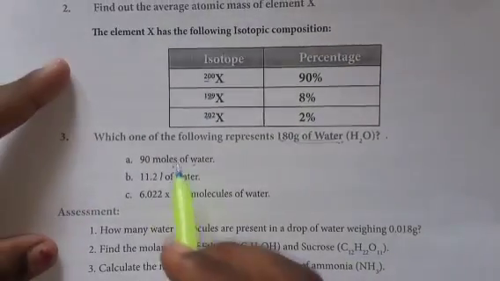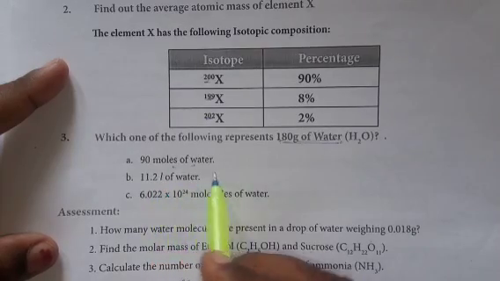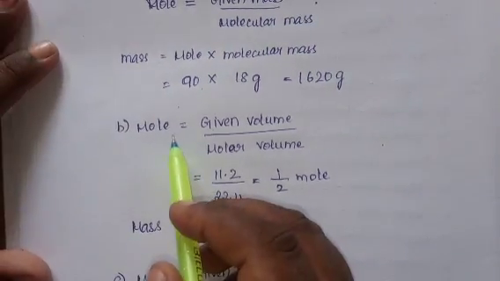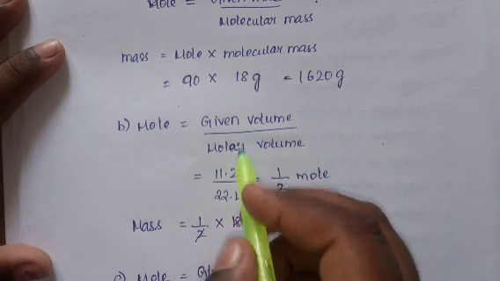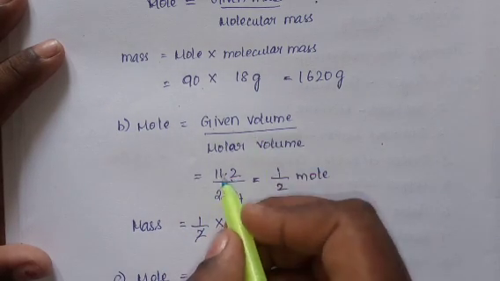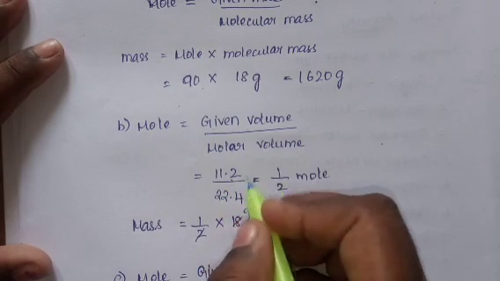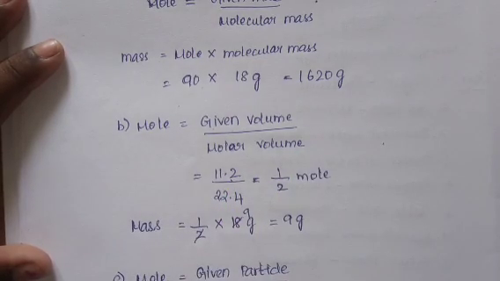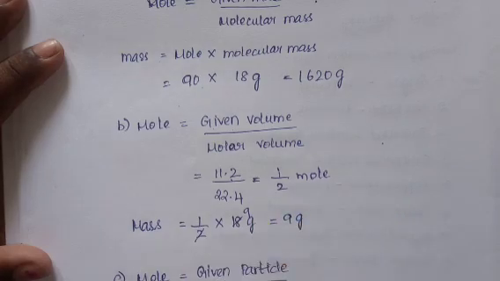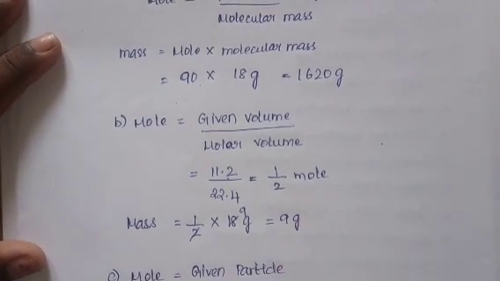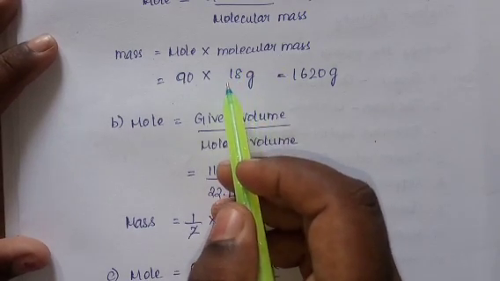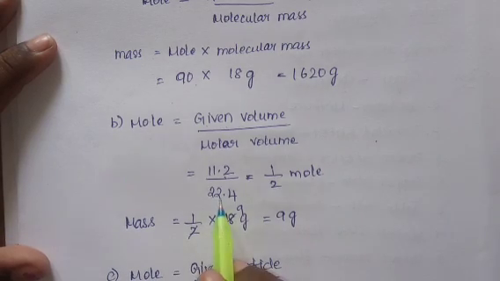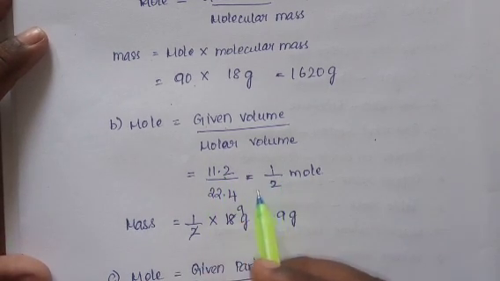Second option, 11.2 liter of water. B: mole is equal to given volume by molar volume. The given volume is 11.2, so 11.2 by the molar volume 22.4. In volume, the molar volume is 22.4, and the molecular mass of water is 18. Cancelling, we get half mole.